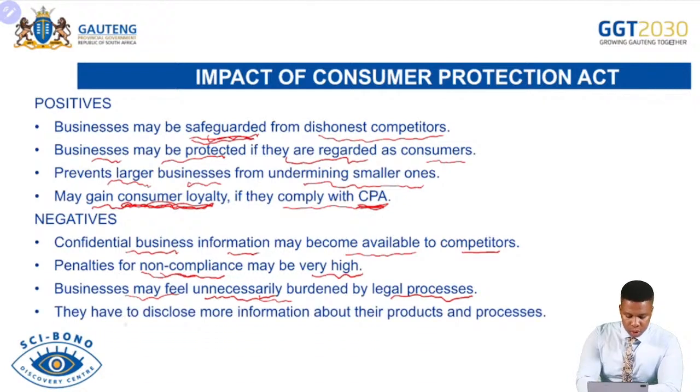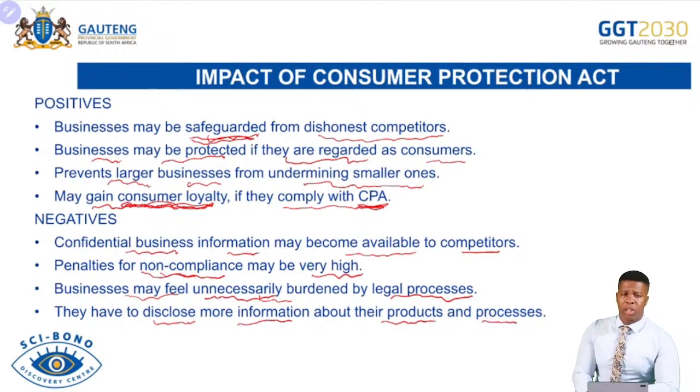And then the last negative is that they have to disclose more information about their products and processes, which is a challenge. Let's think about KFC and Chicken Licken. We know that everyone has tried to acquire the spice that is used by KFC, but unfortunately they will not be able to get that information because it's confidential.